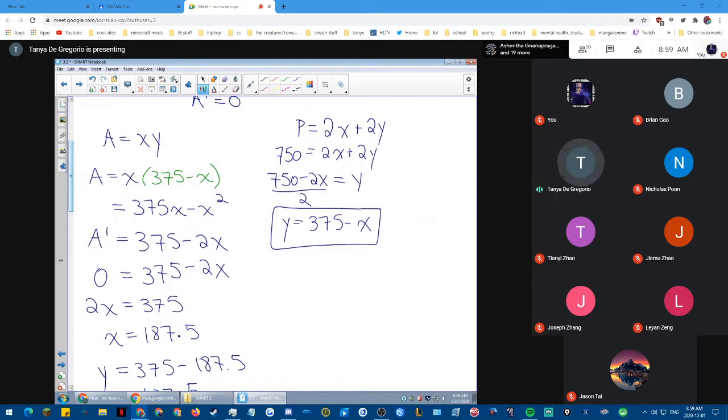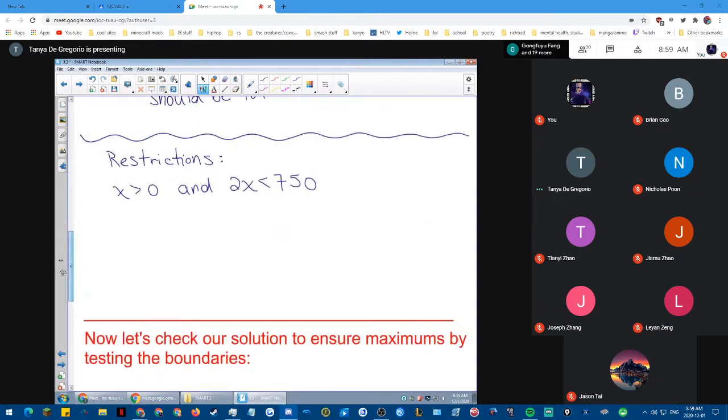So if my y is 0, then that gives me the greatest value that x can be. So that's how I get that value. So 2x is less than 750, which means that x is less than 375. I have just found my endpoints.